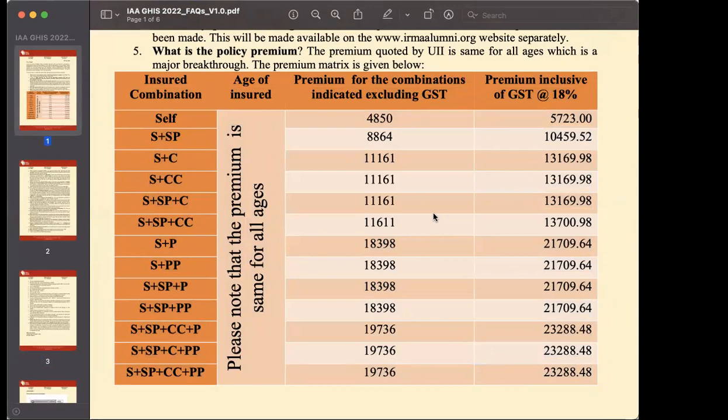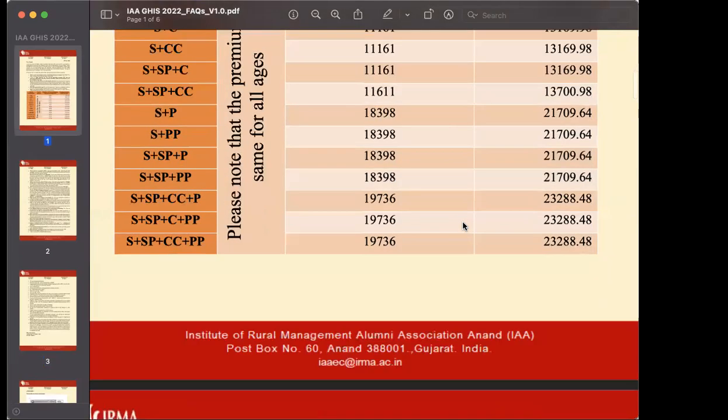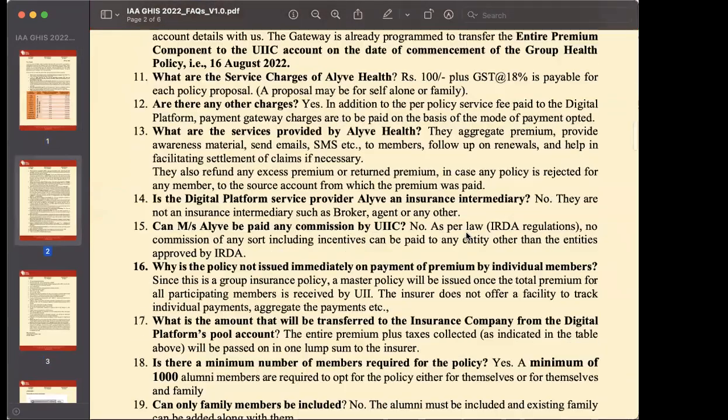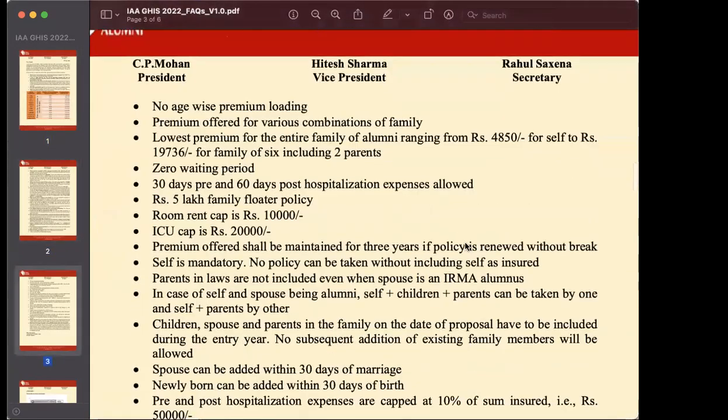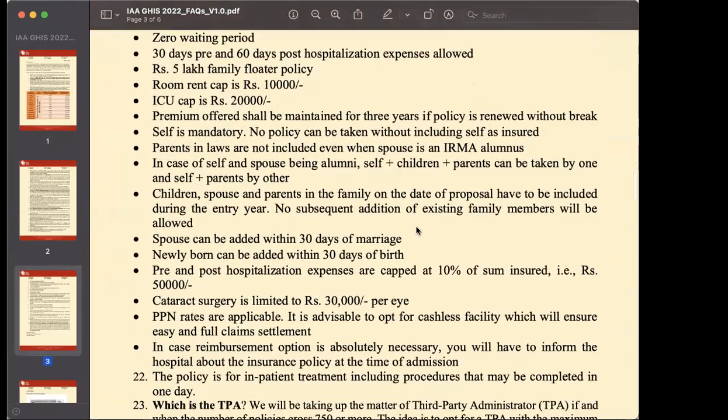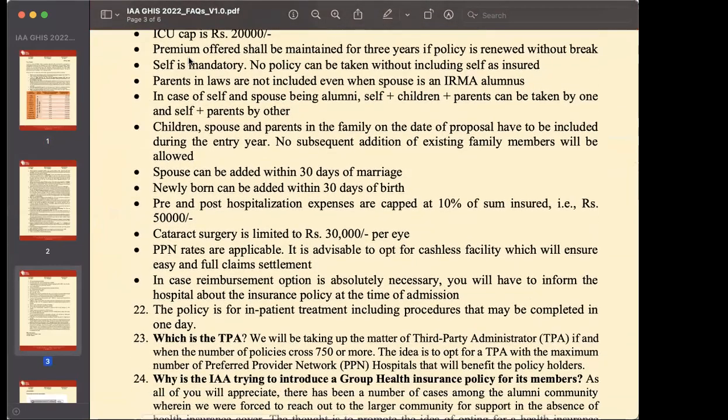But the other thing is that for the coming 3 years, the amount remains the same. It will not be increased even if we claim a lot or whatever may be the case. So this is in case the policy is renewed without break.